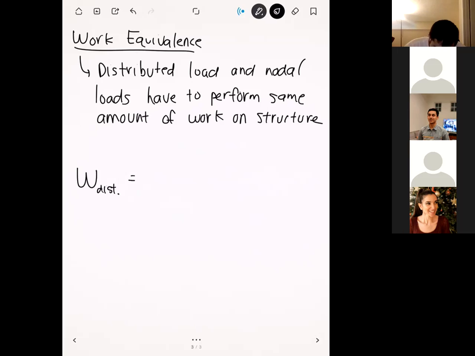Here for a distributed load, we have our load function, and then we're also going to have the deformation. This uy function here is our beam deformation function.